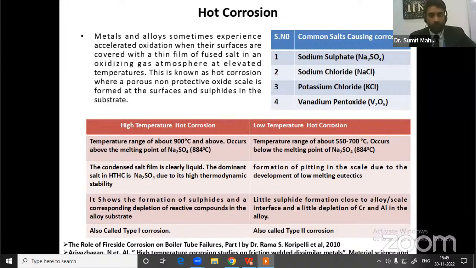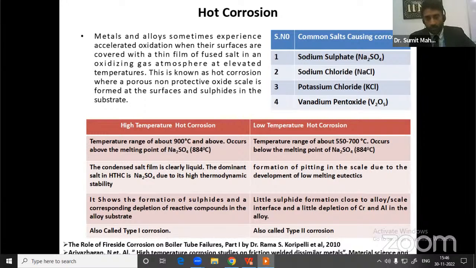High temperature corrosion basically occurs when the temperature is over 900 degrees centigrade. Why 900 degrees centigrade? Because the baseline of this kind of phenomenon is the melting point of sodium sulfate, which is a very common salt present in power plant components.